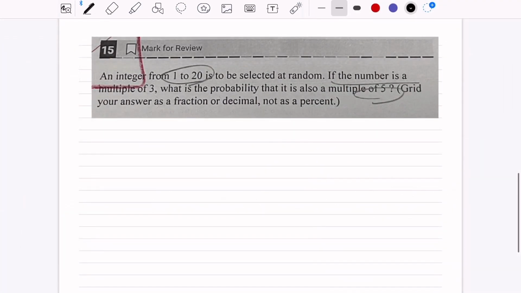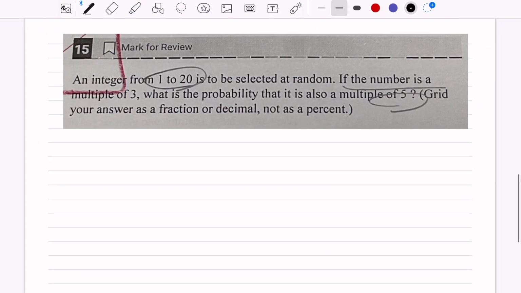Then let's move on to the next question, which is question 15. It says an integer from 1 to 20 is selected at random. If the number is a multiple of 3, what is the probability that it is also a multiple of 5?